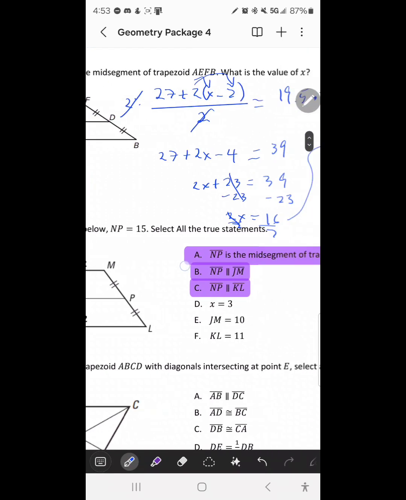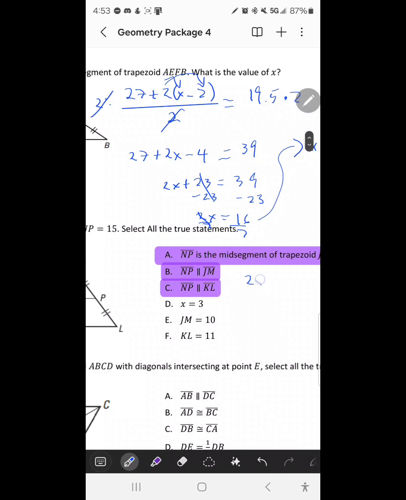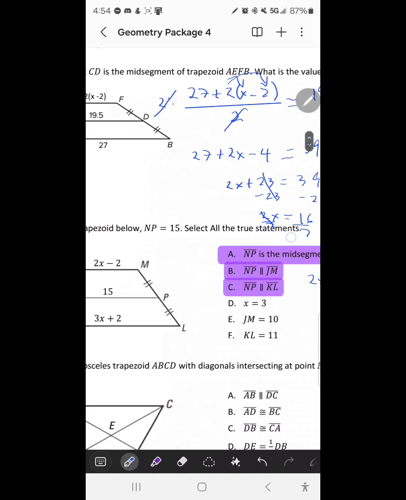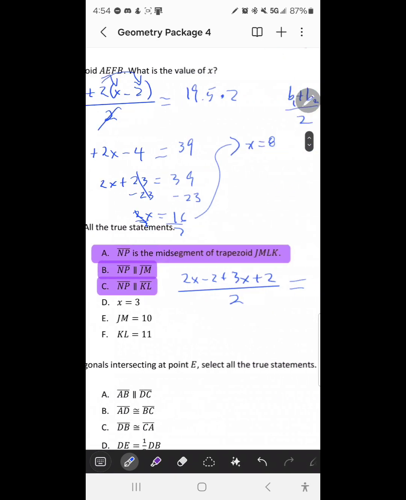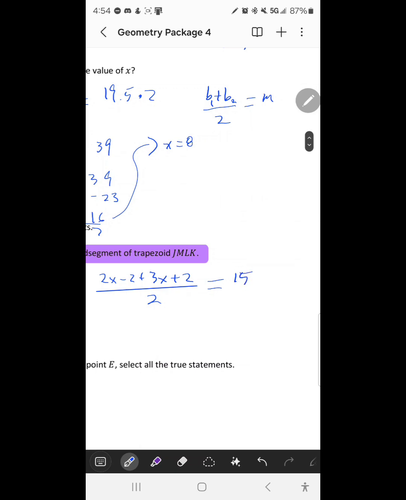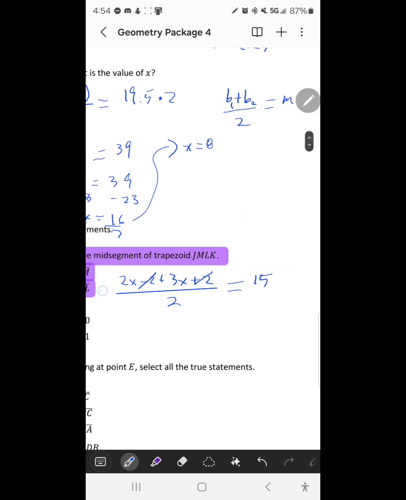So we use the formula, we say 2x minus 2 plus 3x plus 2 divided by 2 equal 15. So these two cancel, minus 2 plus 2 is 0, then we multiply by 2 both sides.